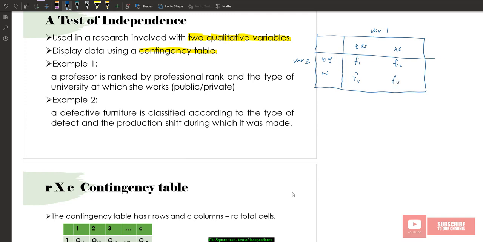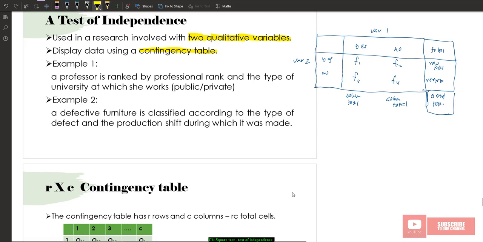And of course we have a row total, a column total, and the last part is our grand total, the total of all frequencies.